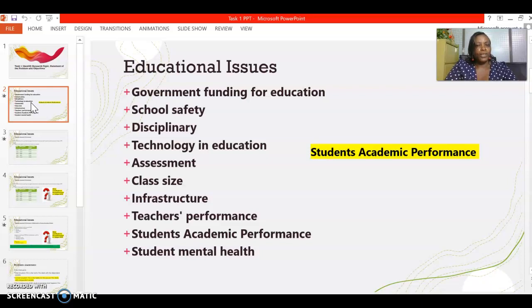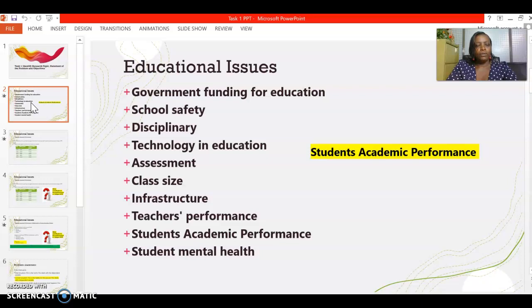Key among the issues that you can think about is government funding for education, school safety, discipline, technology in education, assessment, class size, infrastructure, teachers' performance, student academic performance, and student mental health, among the very many issues that we have affecting education in our country today.